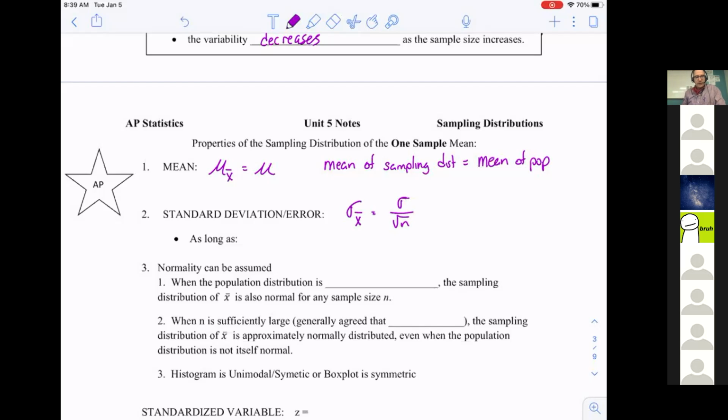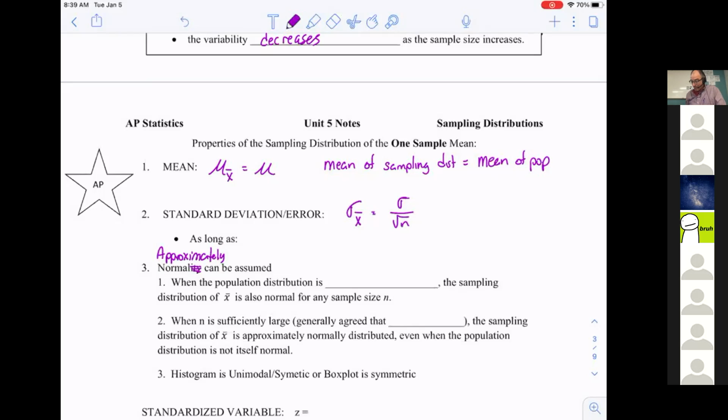All right. So we're going to take out the normality condition, and approximately normal can be assumed when one of three things happen. Okay. And we kind of talked about this on the other page.